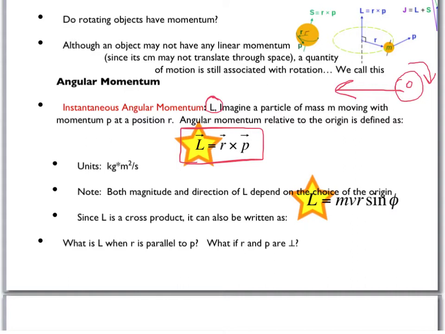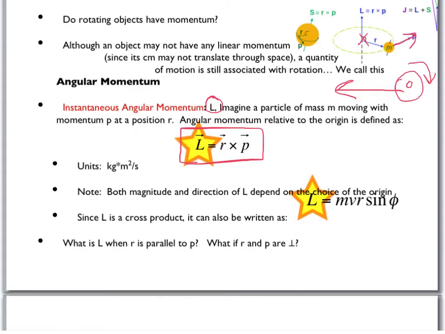And I want you to note that both magnitude and direction of L are going to depend on the choice of the origin. In the picture in the top right hand corner here, we have an origin in our system, and there's some mass that is moving with some angular momentum to it, and we can now define the angular momentum of that.